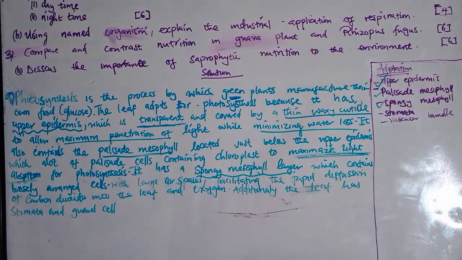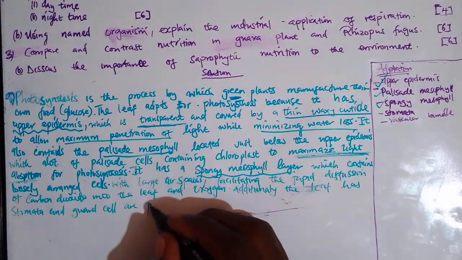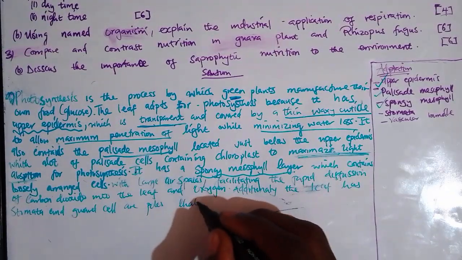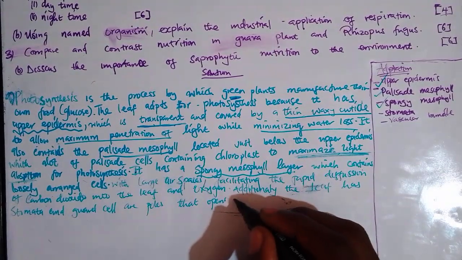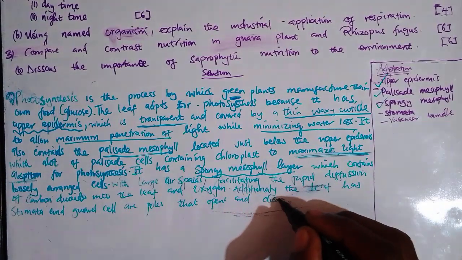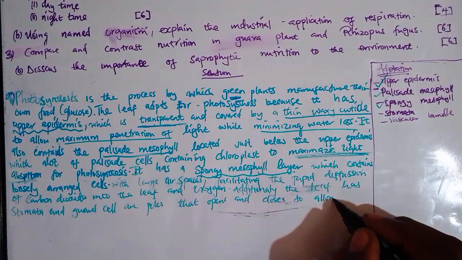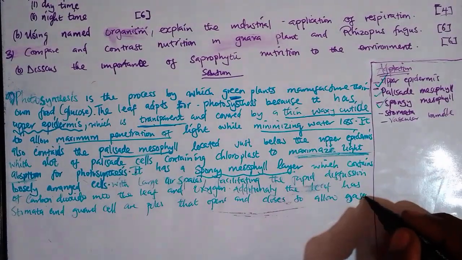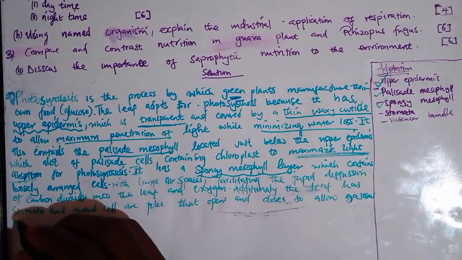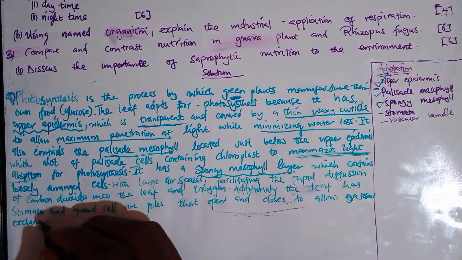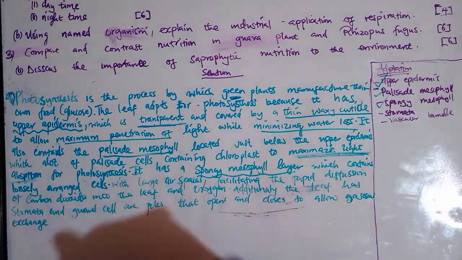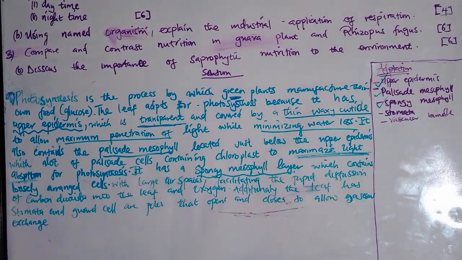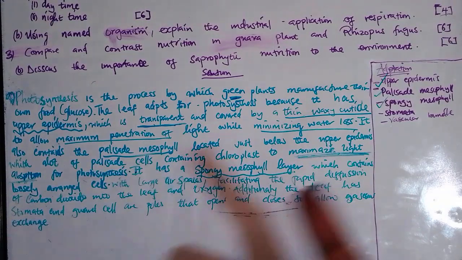What are the function of the stomata? So the stomata and guard cells are pores that open and close to allow gaseous exchange. What do we mean? So to allow the movement of carbon dioxide from the environment into the cell, it has to pass through the stomata.